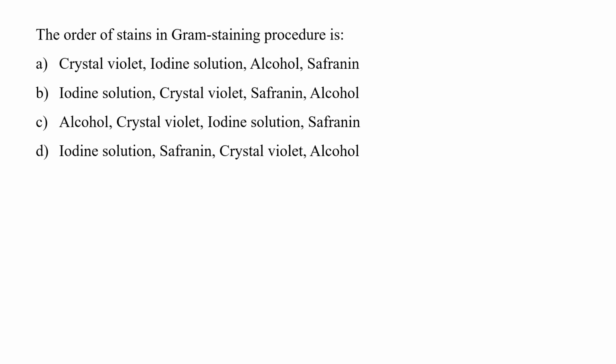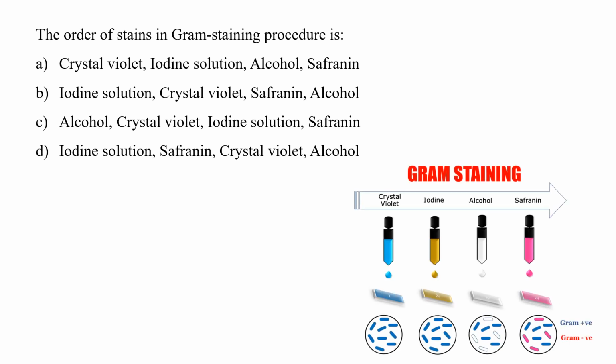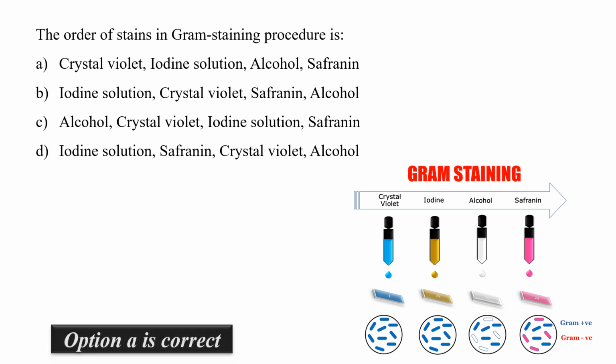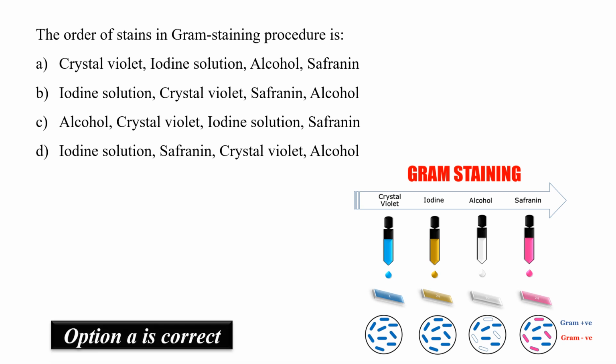So during this technique, the order is as followed as shown in the picture. First crystal violet is added, then iodine, then alcohol, and last is safranin. After following this procedure, we get the result as pink colored bacteria are the gram negative bacteria and blue or purple colored are gram positive bacteria. So according to this, correct option will be option number A, crystal violet, iodine solution, alcohol, and then safranin.